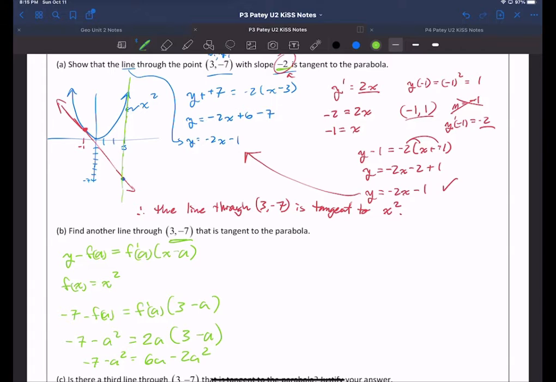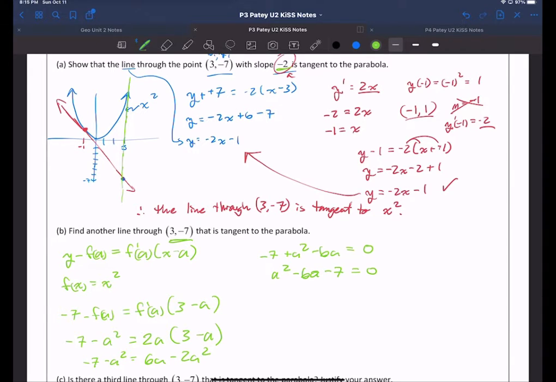So let's put everything on one side and see what we've got. I'm going to move everything to the left side, so I'm going to add 2a squared to both sides. So I'll have -7, and then I get an a squared, and I'm going to subtract 6a from both sides, and rewrite it so it's all clean. So we have a squared minus 6a minus 7 equals 0. Let's factor this and solve.